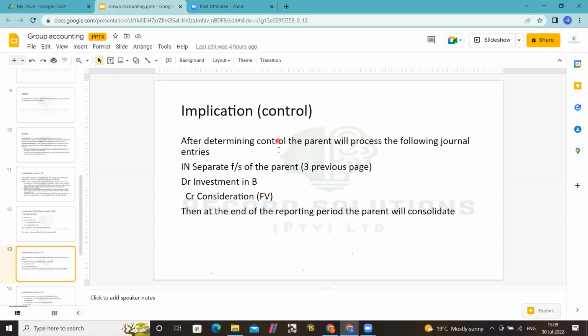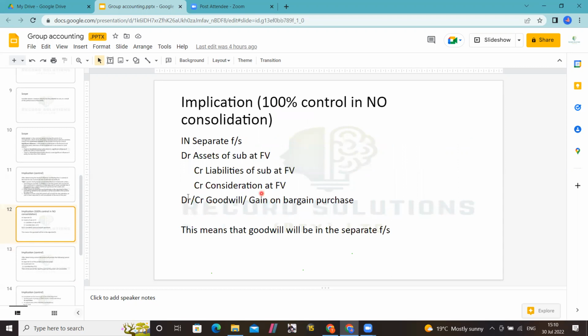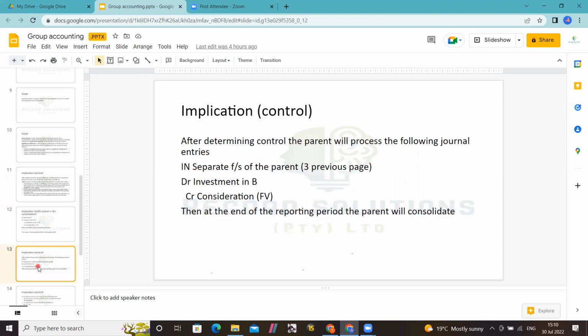So at acquisition, you are going to record the consideration normally. This recording of the consideration you're going to do normally, the same as this, at fair value. However, you're going to debit investment in subsidiary, or investment in B, in that entity.